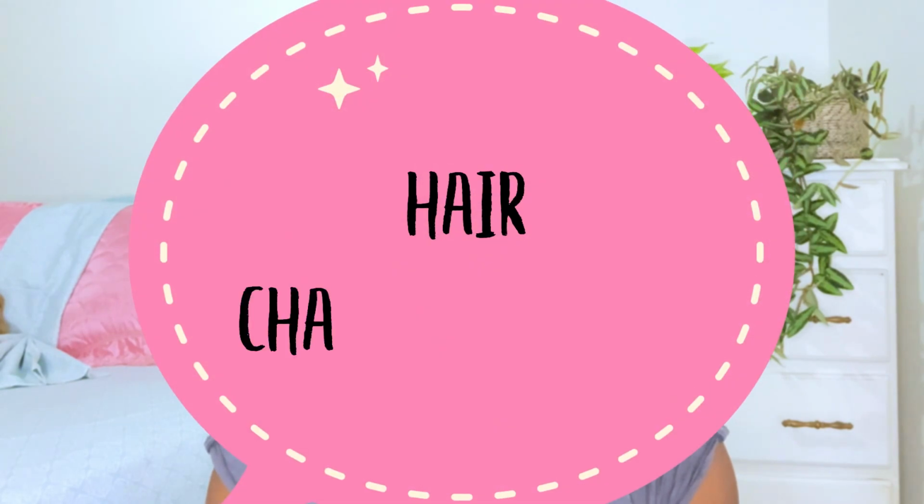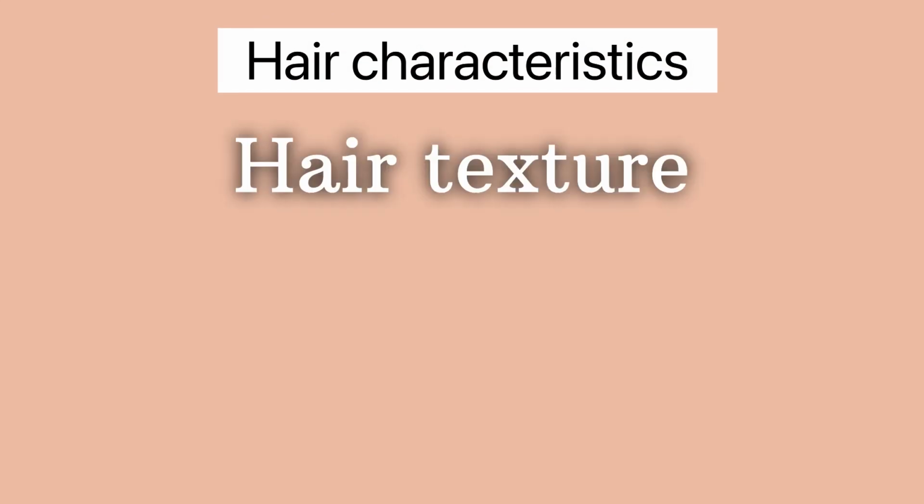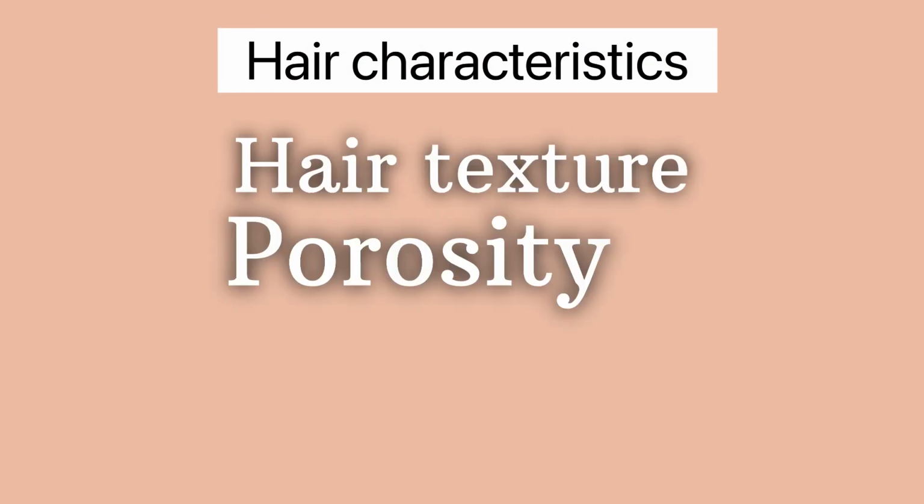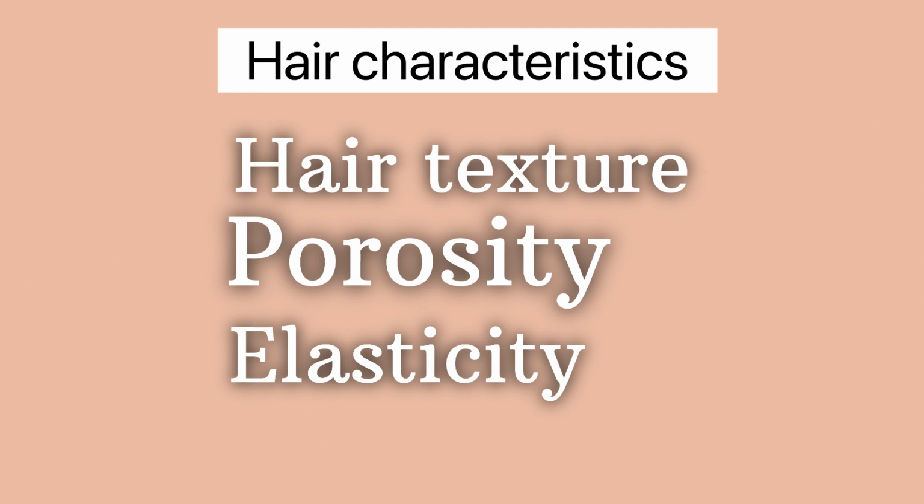The first thing you want to know is your hair characteristics. Now, what are these? These include your hair texture, porosity, elasticity, and density. While going through these different hair characteristics, I want you to get a notebook and a pen or maybe a pencil so that you can write down the different things that apply to your hair.